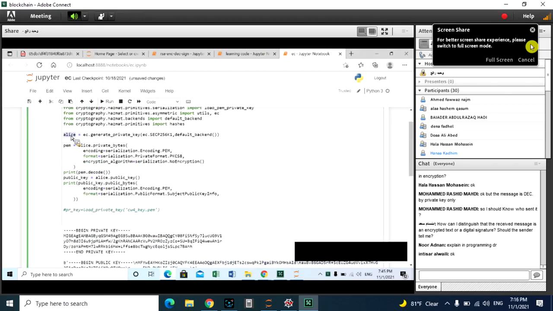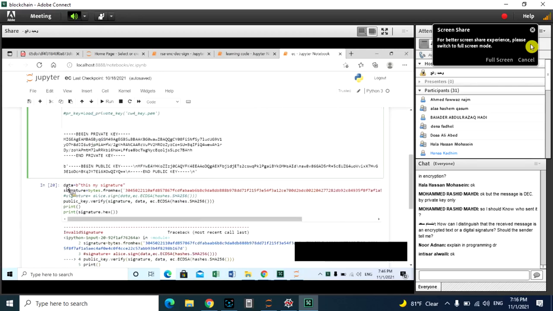Alice's private key is in the PEM file, and the public key is Alice's public key. Here, this is my data transaction.